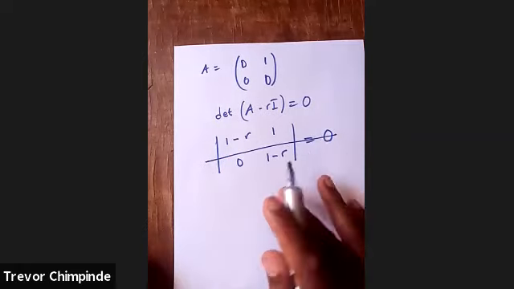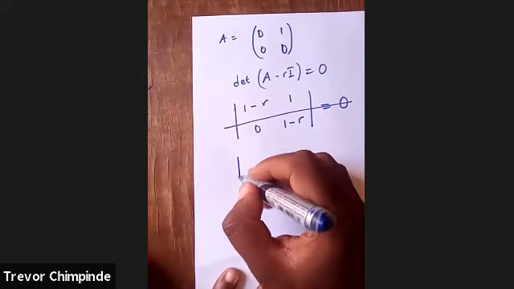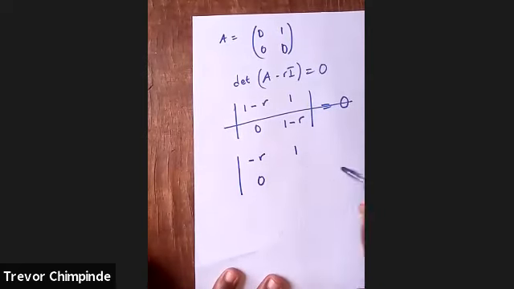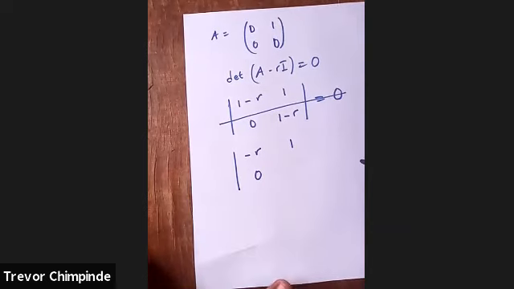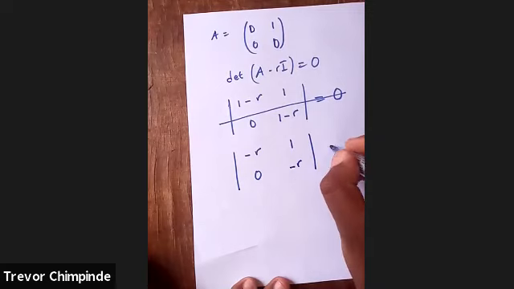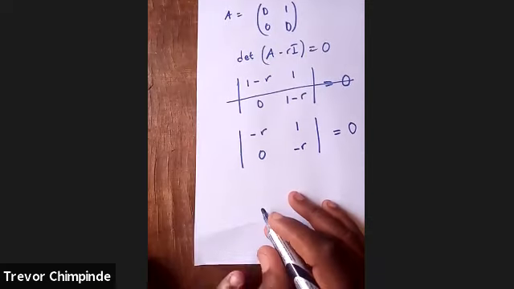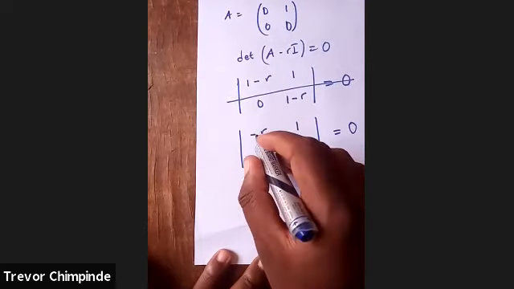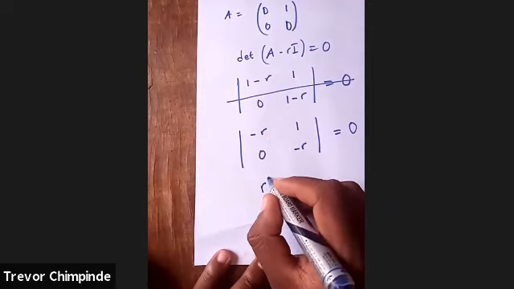Okay. So in this case, what you get is minus R, then 1, then 0, and then minus R, and this is equal to 0. Then what is your determinant here? Minus R times minus R is R squared.